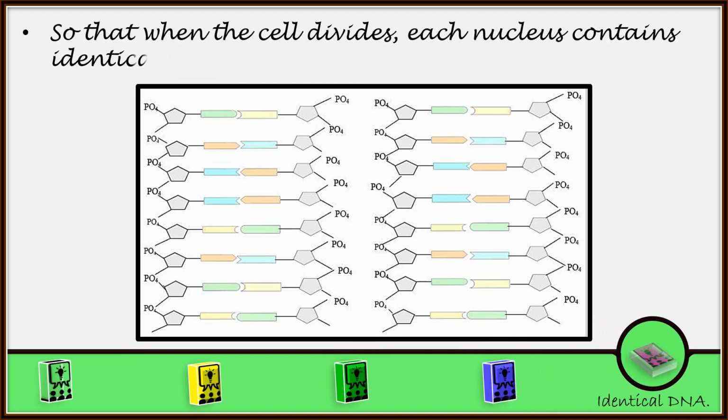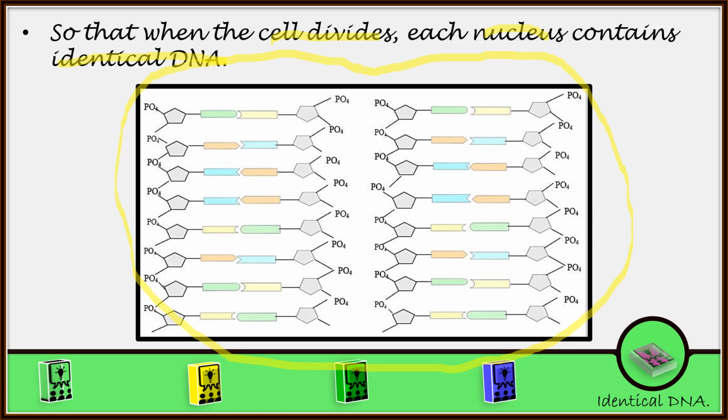So that when the cell divides, each nucleus will contain identical DNA. Now, we were taking this one to be a cell, and let us say this cell had one double-stranded DNA.